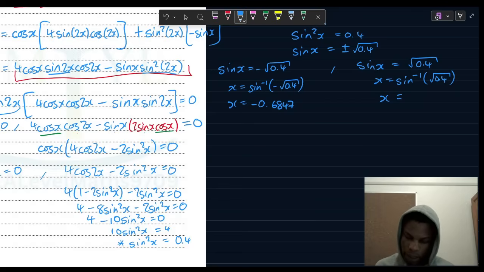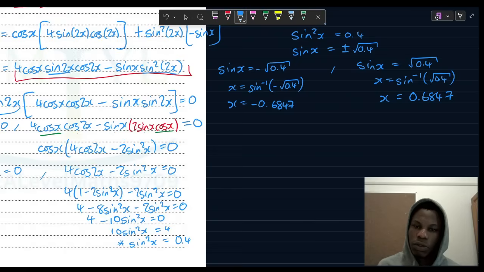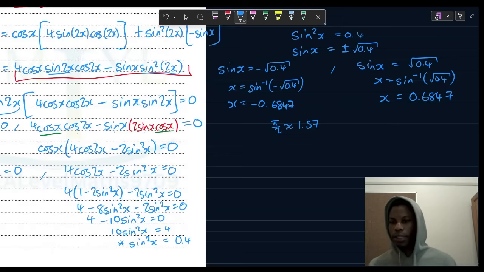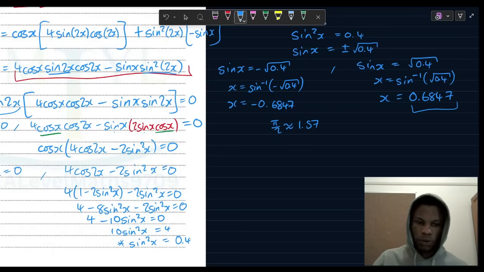That gives us 0.6847, which should be between 0 and pi over 2, because pi over 2 is approximately 1.57. And so this fits within our interval.